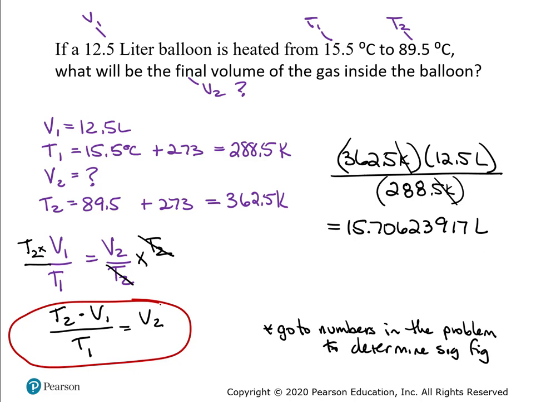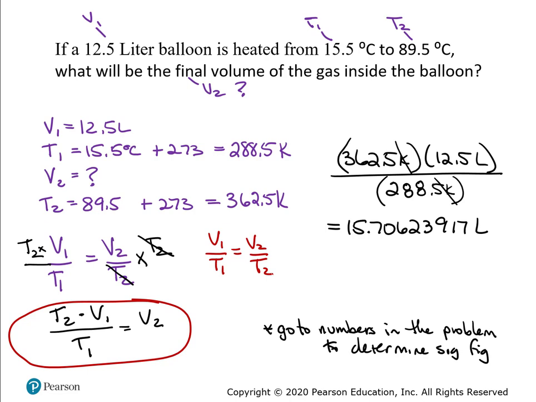Whenever it comes to the equation, you have to multiply on the side that you need to find. Here's the equation: V1 over T1 equals V2 over T2, right? The reason you do the first part is to figure out what I don't know.